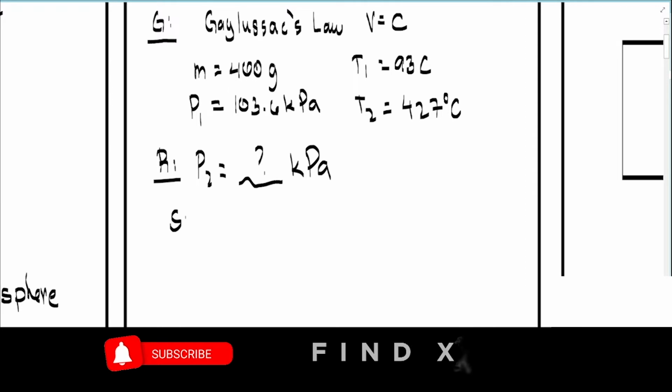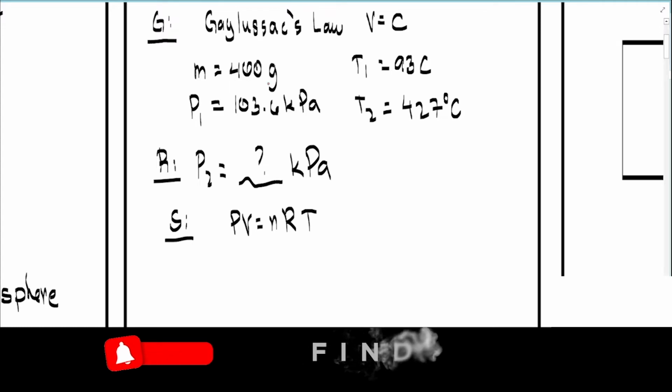So what is the solution? Of course, writing down again the general formula, which is PV is equal to nRT, and then consider which parameters are constant. Okay, so which one? It should be V is constant, right? And n also constant, and R is also constant.